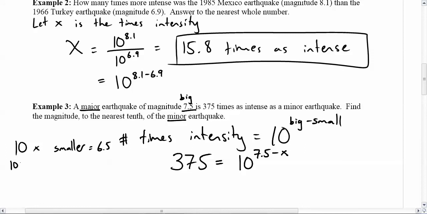I know an earthquake that's 100 times smaller would be 2 less, 5.5. One that's 1,000 times smaller would be 3 less. So I know my answer should be somewhere between 4.5 and 5.5. Maybe my answer should be about 5.